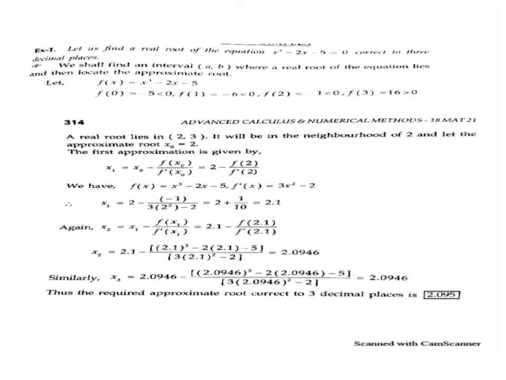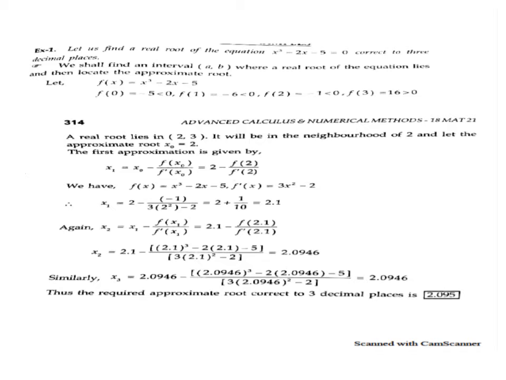x1 equals x0. The x0 value is 2, minus f of 2 divided by f dash of 2.